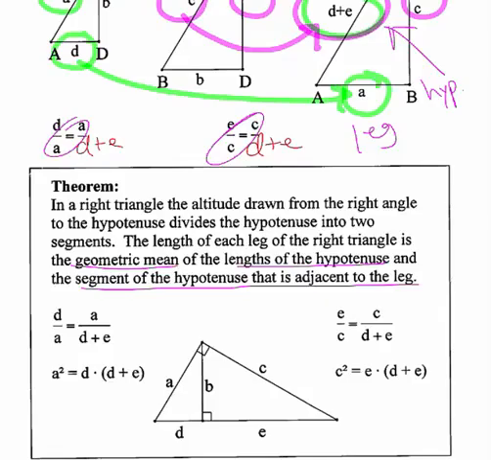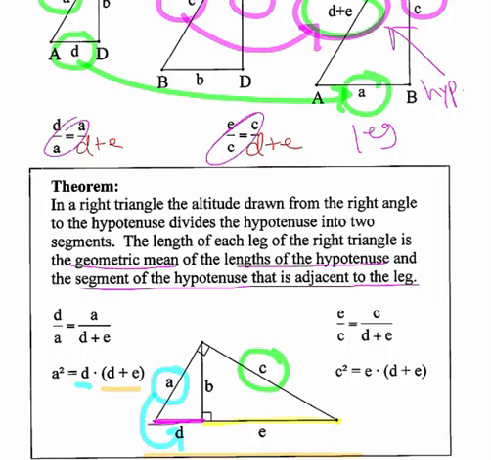So when you draw that altitude, again, you created two pieces, D and E. But now we're looking at the legs. Leg A is the geometric mean of the part that it's connected to, D, and the entire hypotenuse, D plus E. So we could say A squared should equal the part that it touches, D, times the whole thing, D plus E. Now the other leg shares that same relationship.